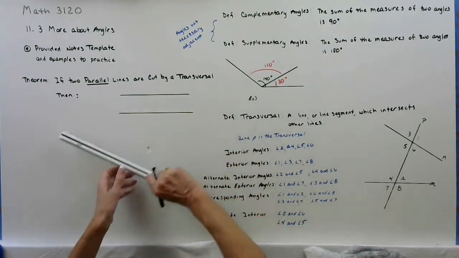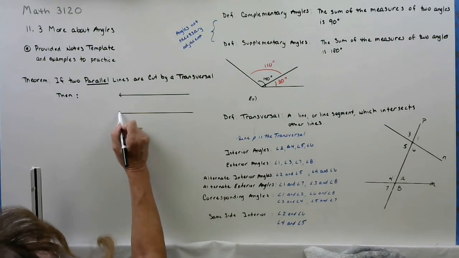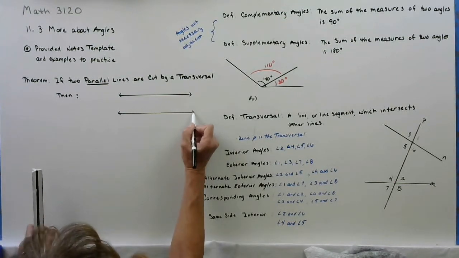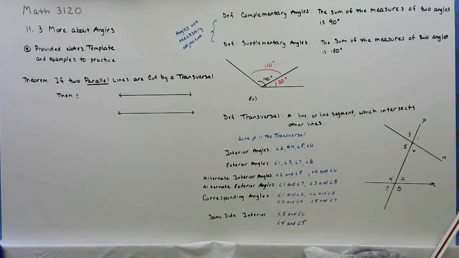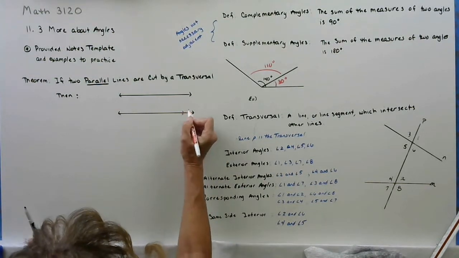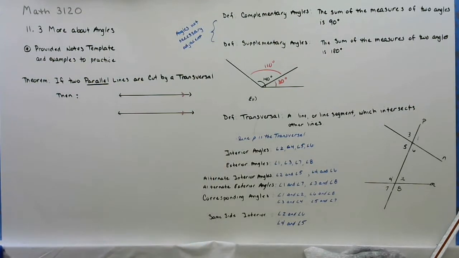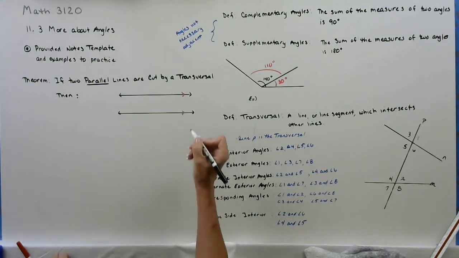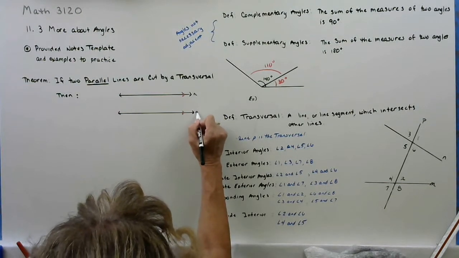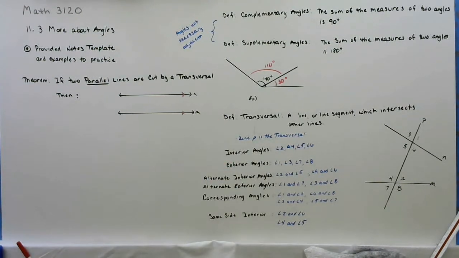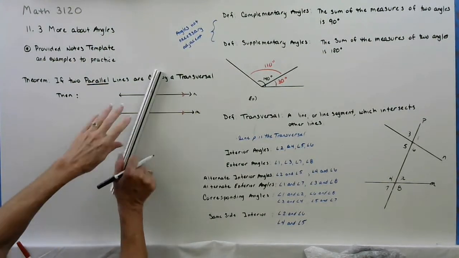So here's my 2 parallel lines. We have a symbol for parallel. The symbol for parallel lines is putting a little arrow. Okay? So I'm going to call, hold on, let me see what I called them. I called them N and M again. N, M, and we're going to cut them by the transversal.